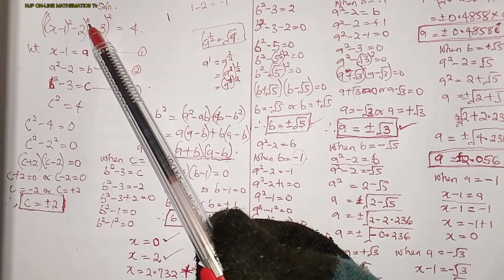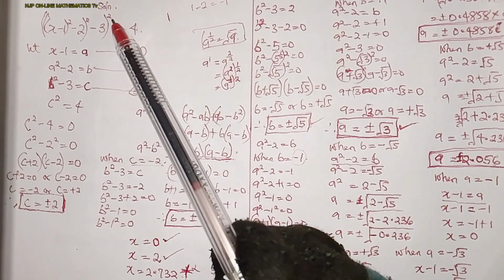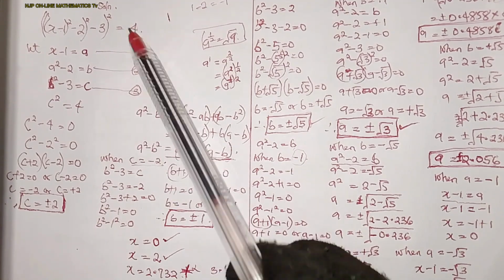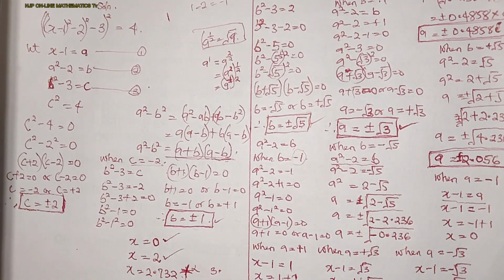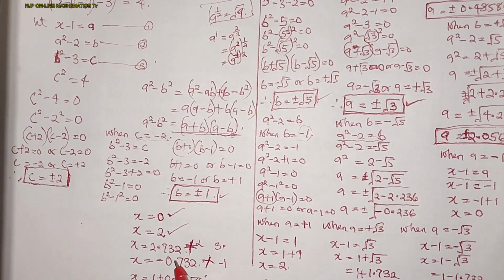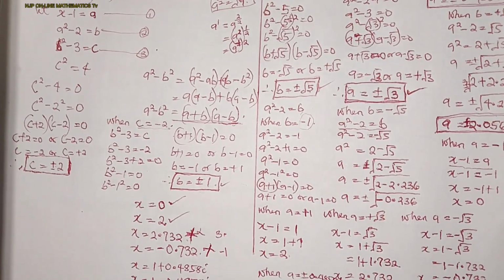We square it, we have 4. 4 minus 3 is 1, and 1 square is 1, which is not equal to 4. Therefore, this value of x, that x is 0.732, cannot satisfy our equation.